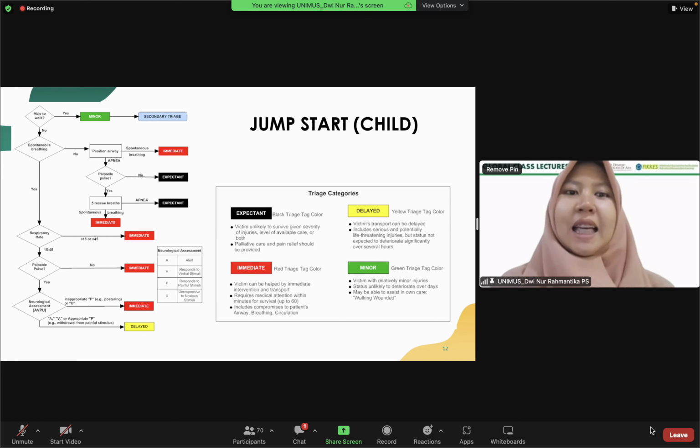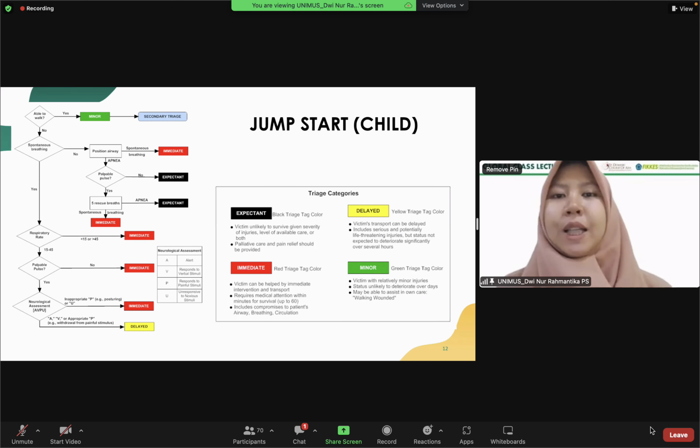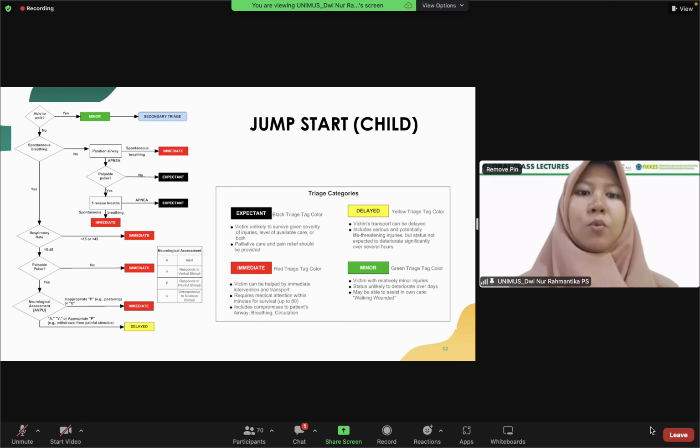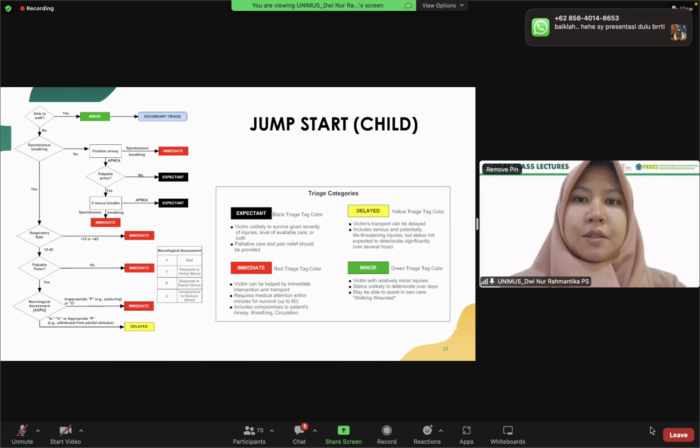We need a model, a procedure, a rule, so we can sort patients with specific conditions correctly and at the right time. So I will give you some examples of triage models for disaster conditions.